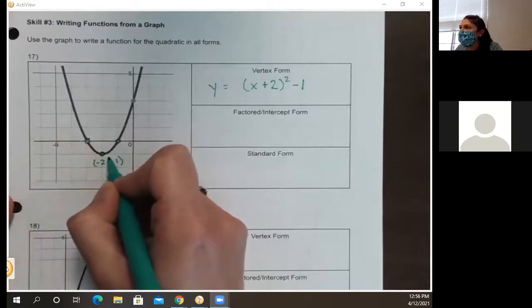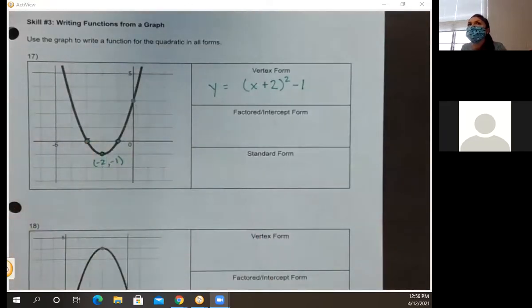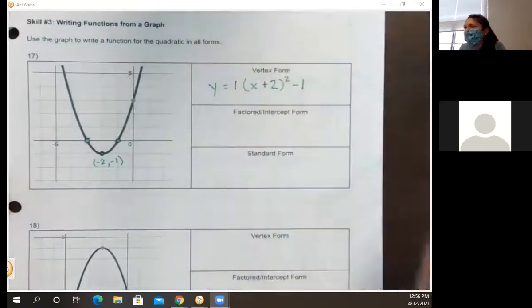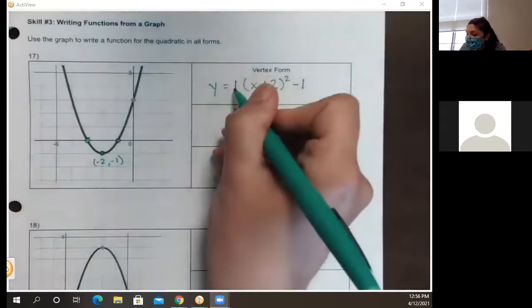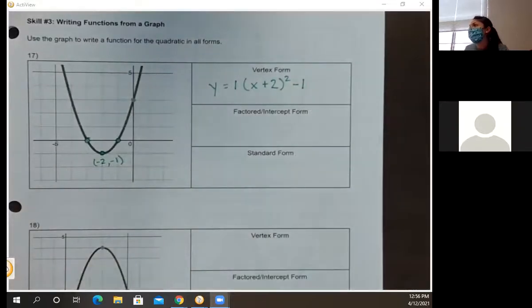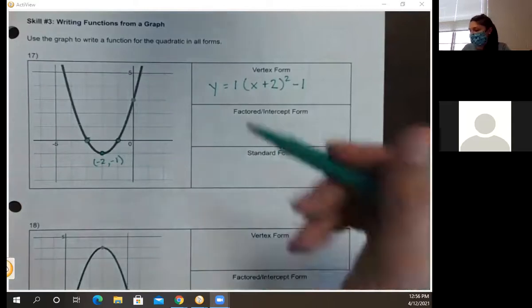Since that matches my parent graph and it does what I expect, that means my lead coefficient is 1. And when it's 1, you can write it or not, that's up to you. We know multiplying by 1 doesn't change our problem. What we expect is for the lead coefficient to be 1. If it does anything outside of what we expect, if it goes down, if it goes up 2 and out 1, anything like that, then that means we've got a different number.